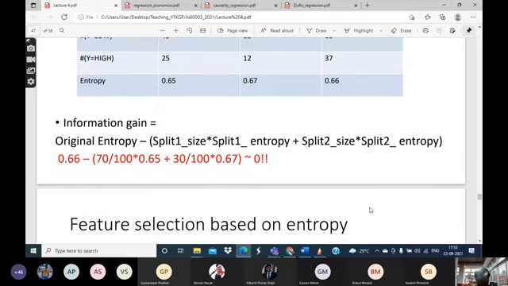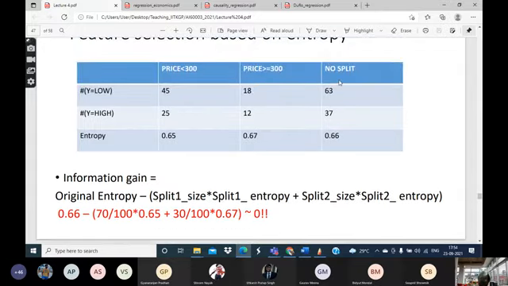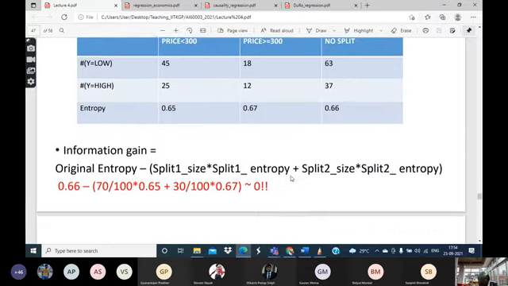The higher the information gain when I split the data set with respect to a particular feature, the more discriminative that feature is. It is helping me to make a decision about y, which was not the case if I did not split according to that feature.